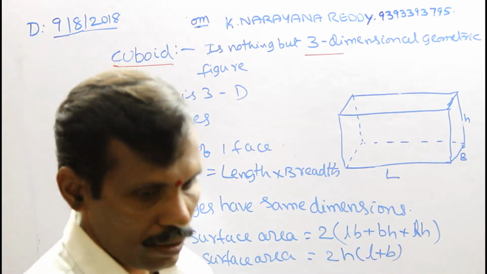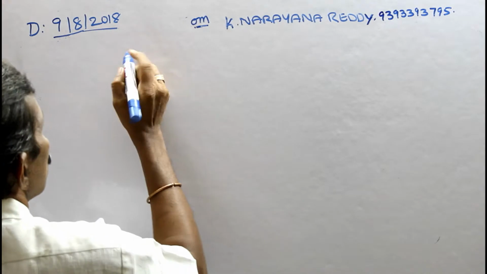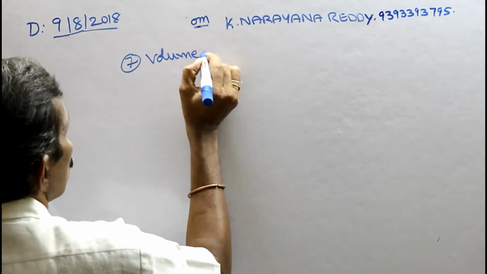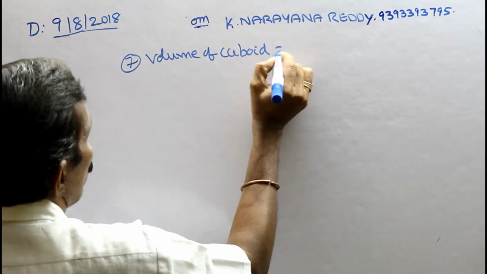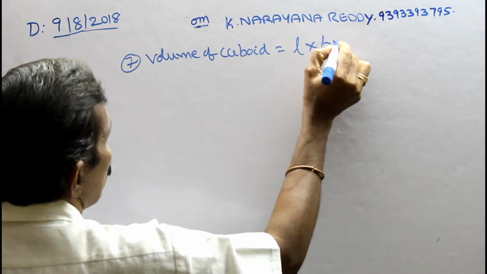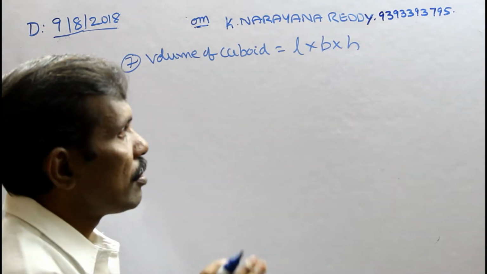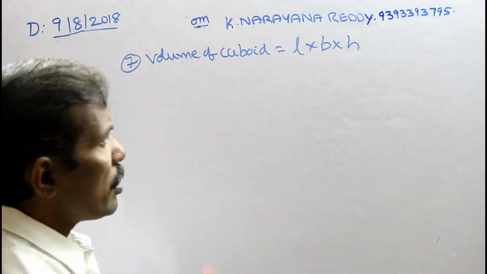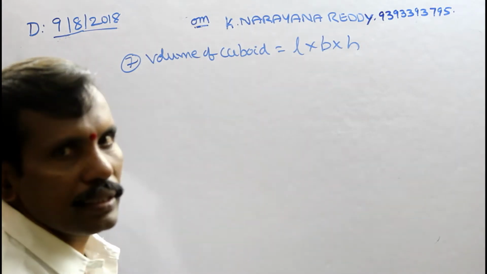Okay? Volume of cuboid equals length into breadth into height. So that is volume. Volume is nothing but length into breadth into height.